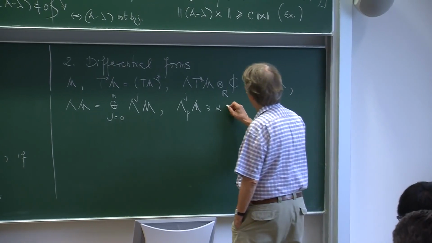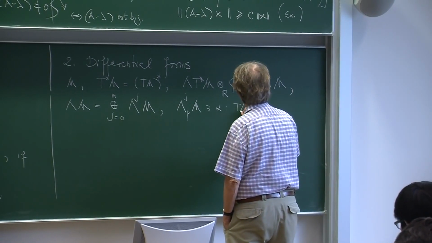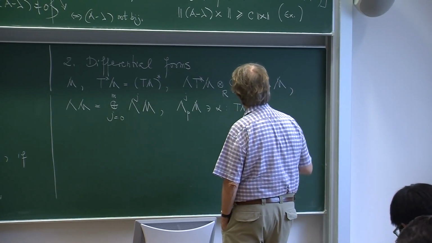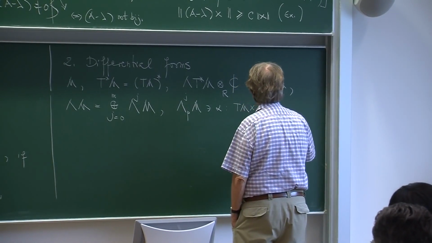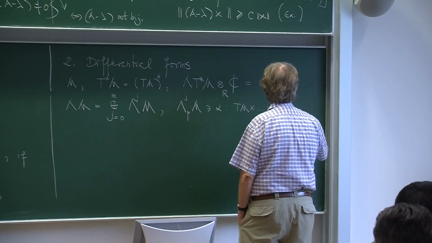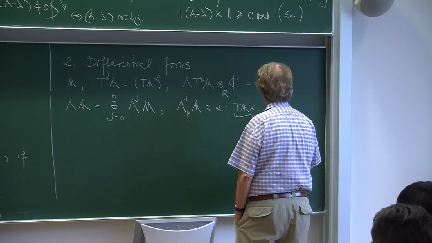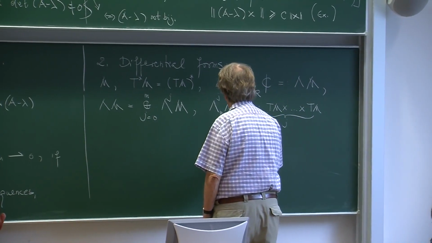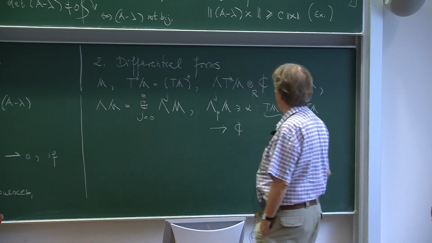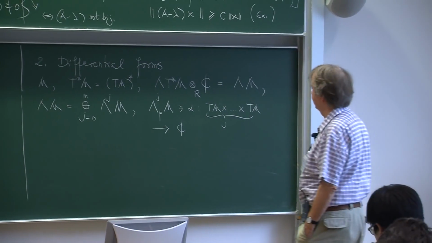Then alpha is a map of Tm to the power j, j factors, which goes to C, and this is a K linear map.